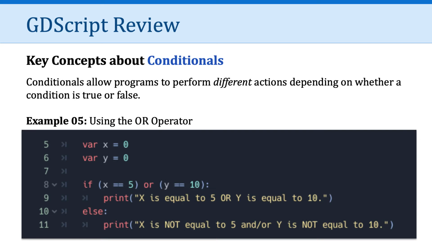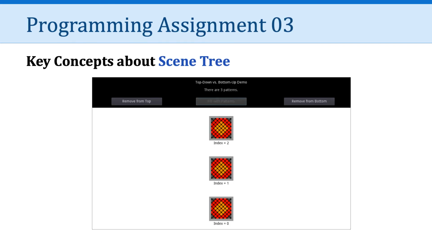We also have an OR operator. If x is equal to 5 or y is equal to 10, then do something. So that's a quick review of conditionals. And as you will find as we begin to work on our games and simulations, conditionals are really essential to programming logic.